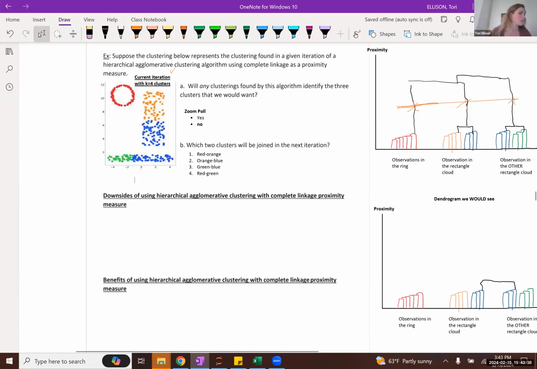what 2 clusters do we think are going to be merged in the next iteration? I'll open up a poll for that as well. Which cluster pairs: red-orange, orange-blue, green-blue, or red-green? Oh, I didn't launch it. Sorry.